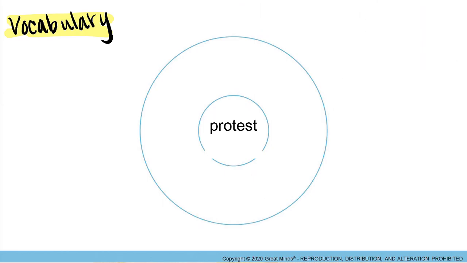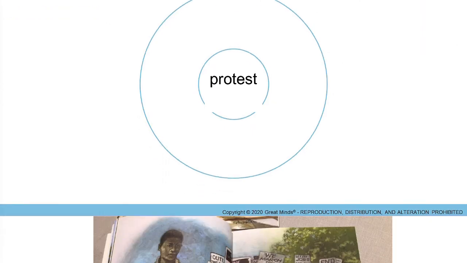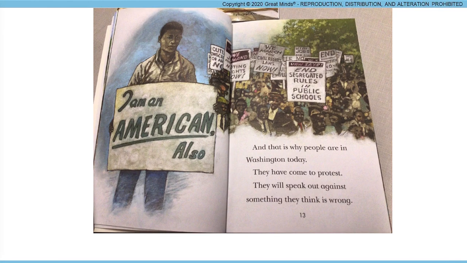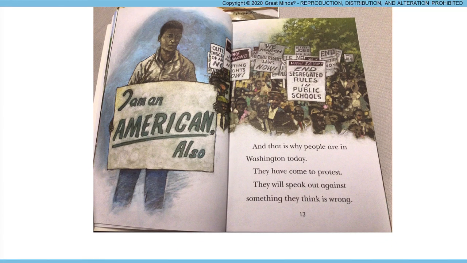And then we're going to look at page 13 of Martin Luther King Jr. and the March on Washington. On this page, we have the word protest. And I want you to think about what words around the word protest help us to understand what protest means. So I'll zoom in on page 13 here and I'll read it.